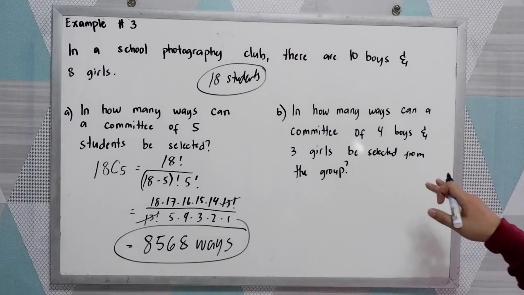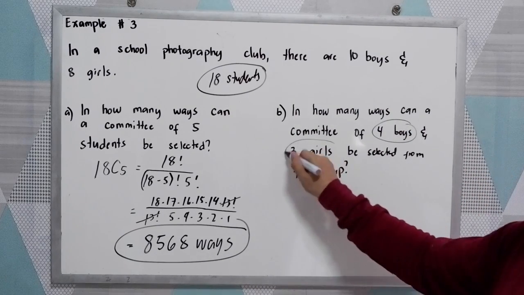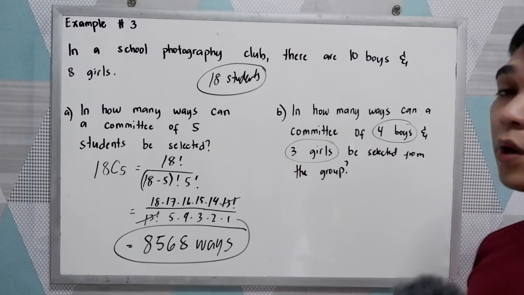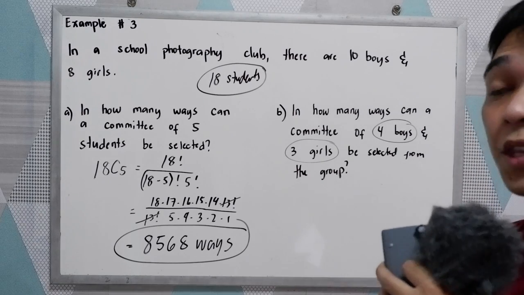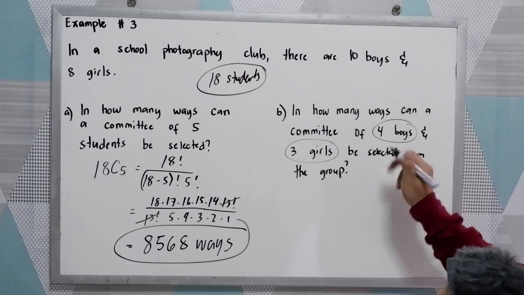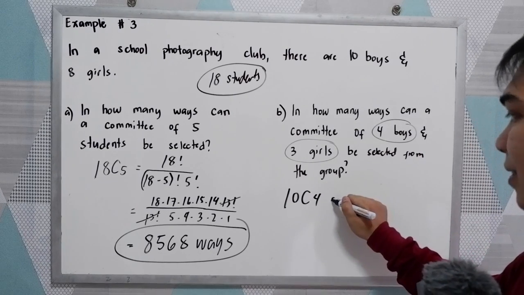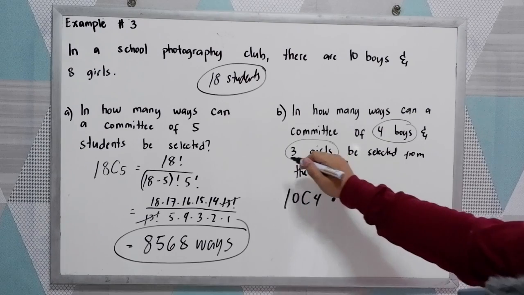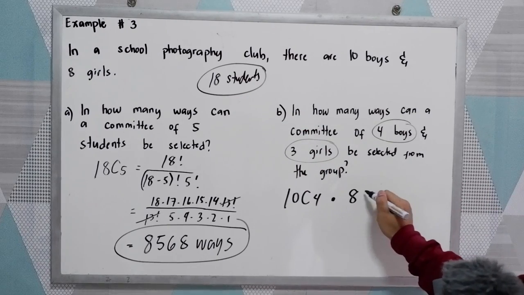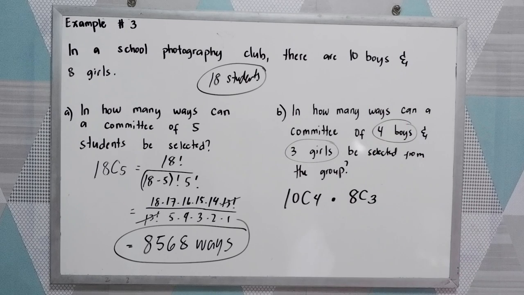Next, in how many ways can a committee of 4 boys and 3 girls be selected? Now we're going to use the fundamental counting principle. We have 10 boys, so we need 4 boys. 10C4 times the number of girls, 8C3, we need to select 3. So 10C4 times 8C3.